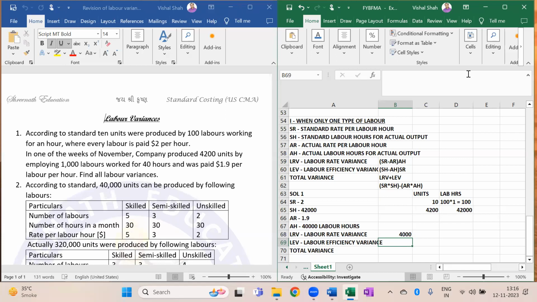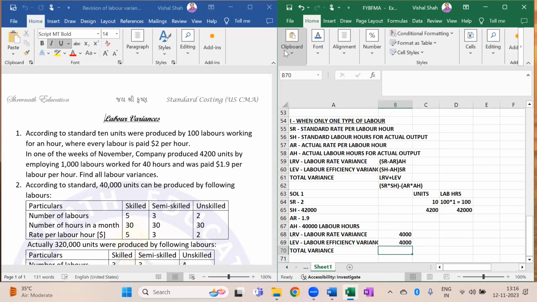I'm getting 4,000 favorable. Is it correct? Yes, sir, correct. Then labor efficiency variance is SH, that is 42,000, minus AH, that is 40,000, into SR, that is 2.